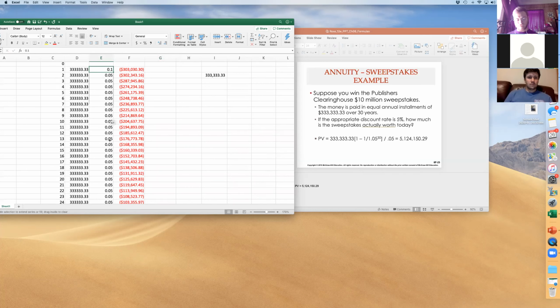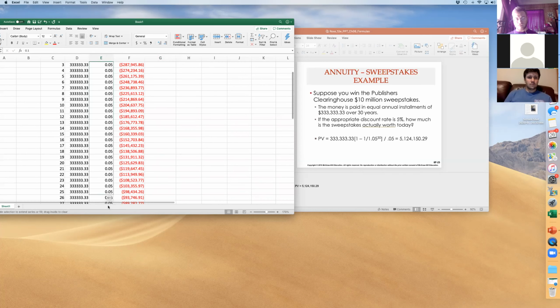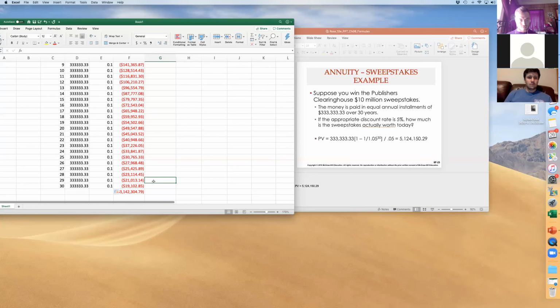If you thought you could really get 10%, you think it's actually worth 3,120,000. And so you're definitely going to take that lump sum. If they offer you 5.1 million and you think you can actually get it invested at 10%, well, that means that you really think that annuity is worth 3.1 million. So you're going to take that 5.1 hands down. Does that make sense to everybody? Take the cash and run.